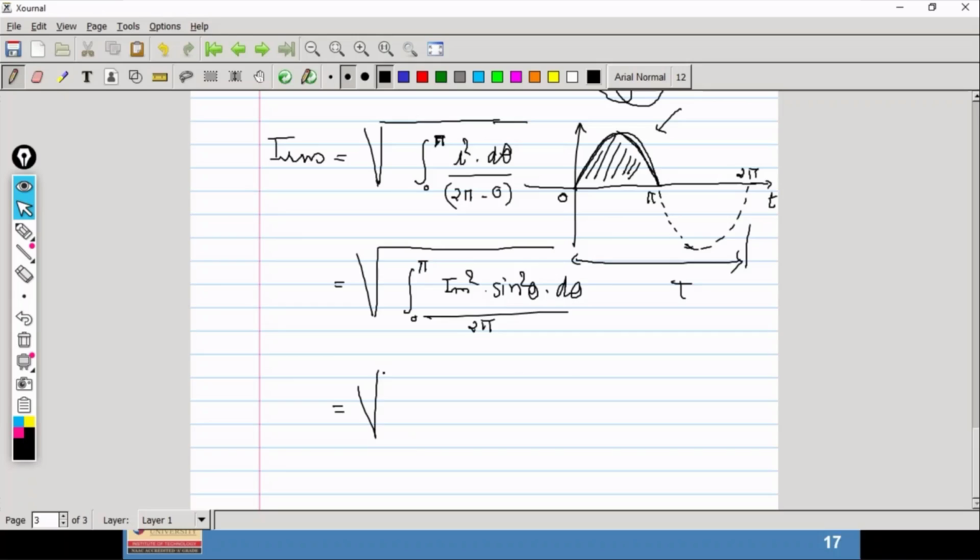So the equation becomes Im square by 2 pi integrating from 0 to pi, (1 minus cos 2 theta) by 2 into d theta. Clear?